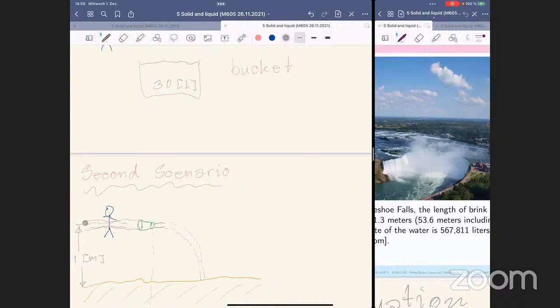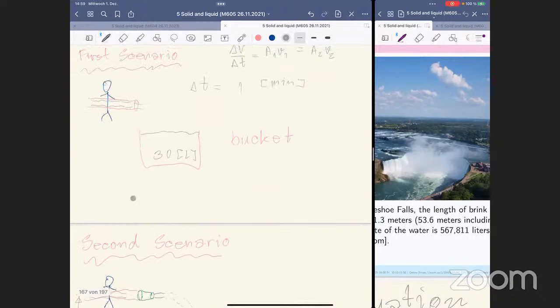The same pump gives the same flow rate, whether in mass per second or cubic meter per second. That's the linking information between those scenarios.